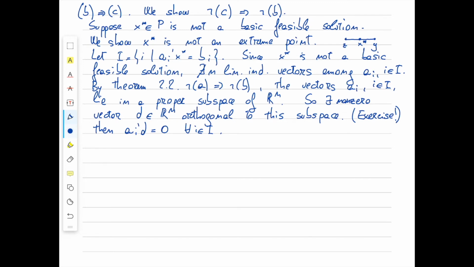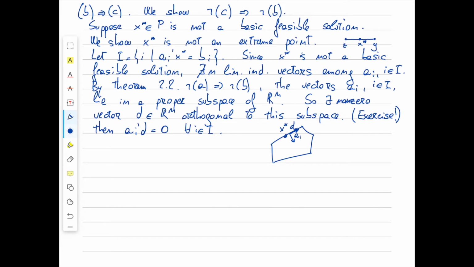Let's see an example. Let's say we're looking at a polyhedron like this one, and here's our x star. In this case, the only active constraint is the one corresponding to the segment where x star lives, and the corresponding vector A_i will be orthogonal to this segment. Therefore, in this case, the vector D goes exactly along the segment.